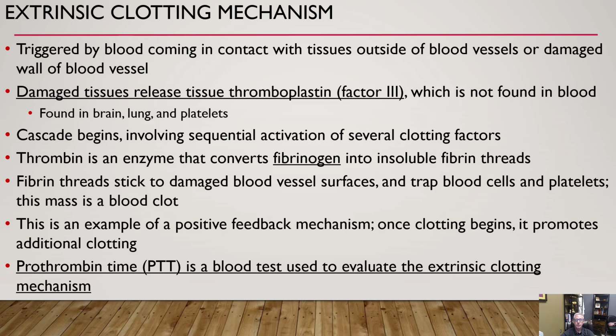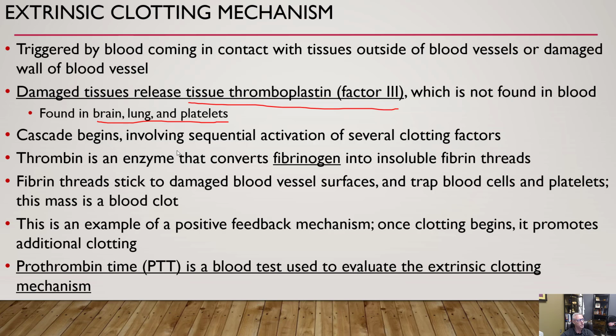Damaged tissues release this thing called tissue thromboplastin, and it's also called factor 3. It's not found in the blood, but it's actually found in your brain, lungs, and platelets. And this is where the clotting cascade begins.